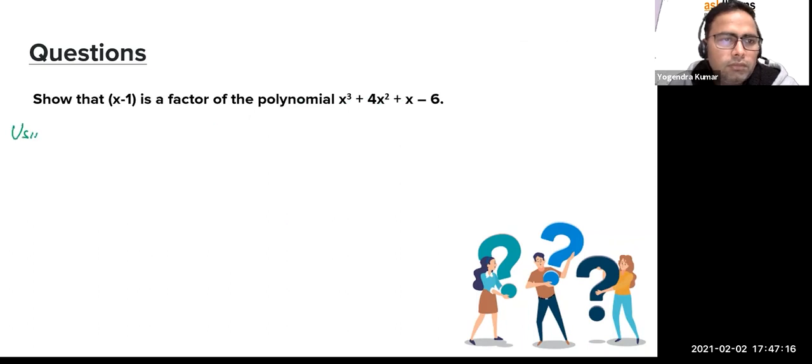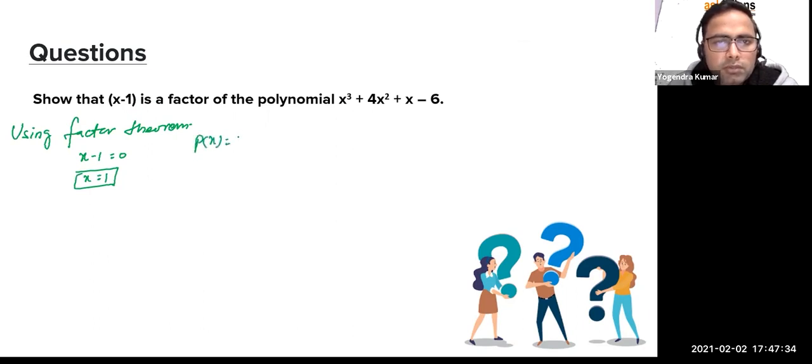Now, x minus a is the factor, so x equals 1. Here p of x is x cube plus 4x square plus x minus 6. If it is a factor, then p of 1 has to be what? Tell me. P of 1 has to be 0.